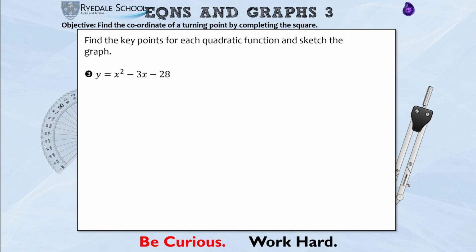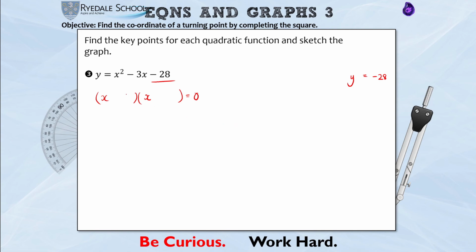So let's look at our last example, and maybe one or two of you might be able to quickly spot why this one is going to be a little bit more challenging. So let's have a look first of all at the y-intercept. So we can see that the y-intercept is -28. Let's factorise to find the x-intercepts. So what numbers multiply to make 28?